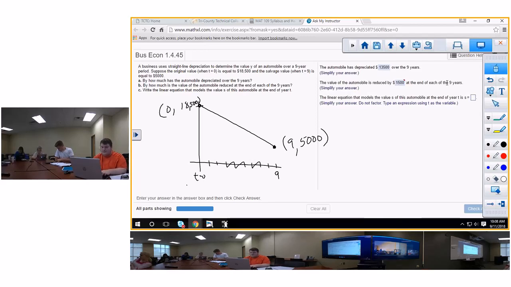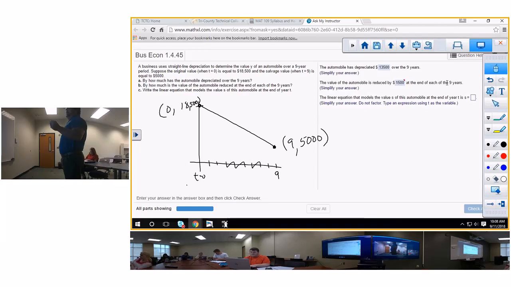I'm trying to figure out what they're asking. By how much is the value of the automobile reduced at the end of each? Well, then you would take how many years and divide, let's say how many years? 1, 2, 3, 4.